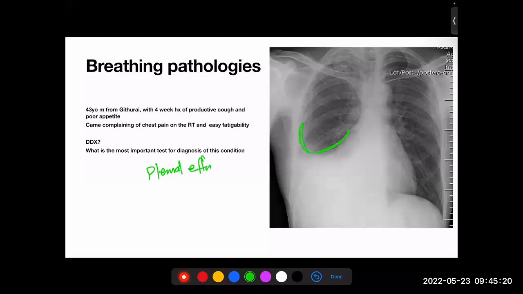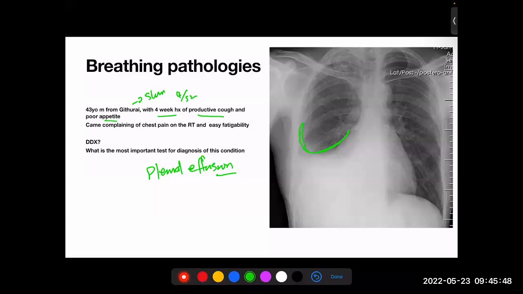So this patient, based on history, why is this patient having pleural effusion? A 43-year-old man from Gidurai, with a 4-week history of productive cough, poor appetite, chest pain, and easy fatigability. Gidurai is a slum, which is important. He has a 4-week history of productive cough plus poor appetite.